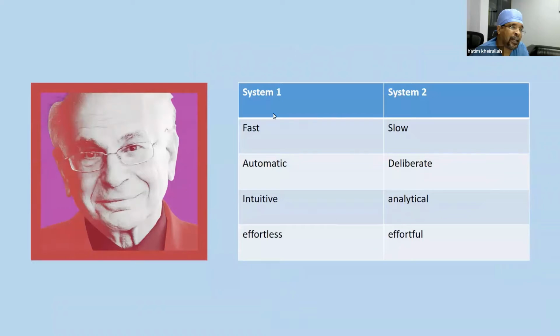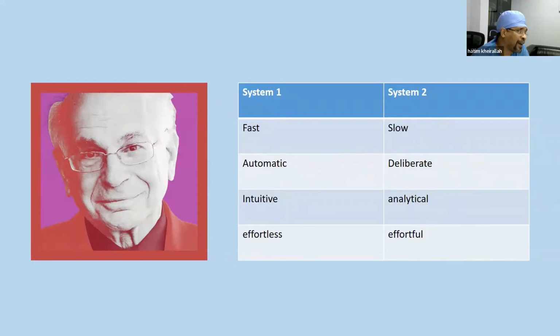Thinking can be divided into system 1 and system 2. System 1 is fast, automatic, intuitive, and effortless. System 2 is slow, deliberate, analytical, and effortful. System 1 is the system that we usually employ in decision making, even in medical decision making.